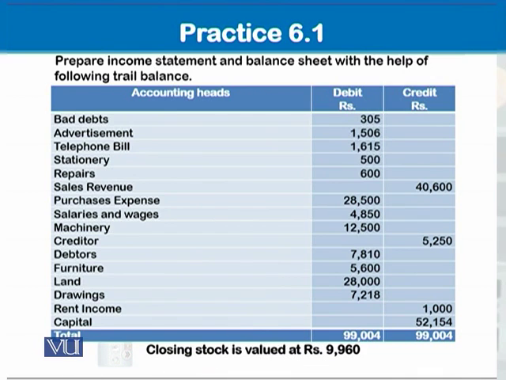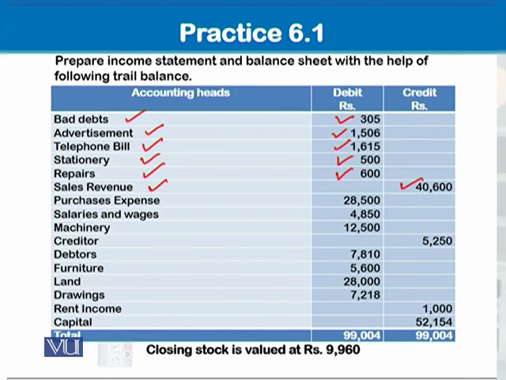So it is a trial balance with us in which we see there are debits and credits. Bad debt is an expense. Advertisement is an expense. See, expense always appears in the debit side of trial balance. Telephone bill is an expense appearing in the debit side of trial balance. Stationery is an expense appearing in the debit side. Repair is an expense appearing in the debit side. Sales revenue is income appearing in the credit side.